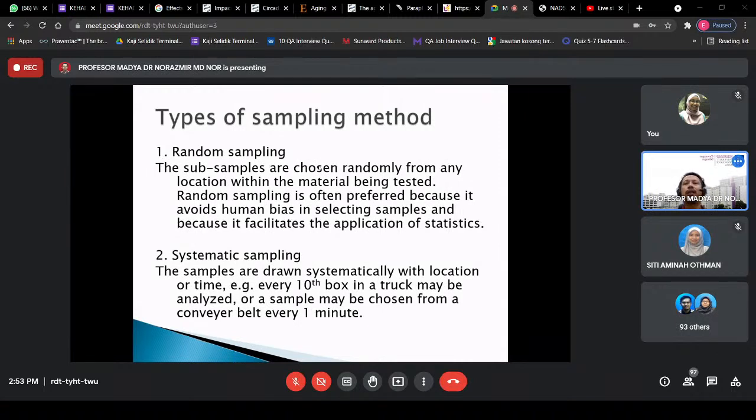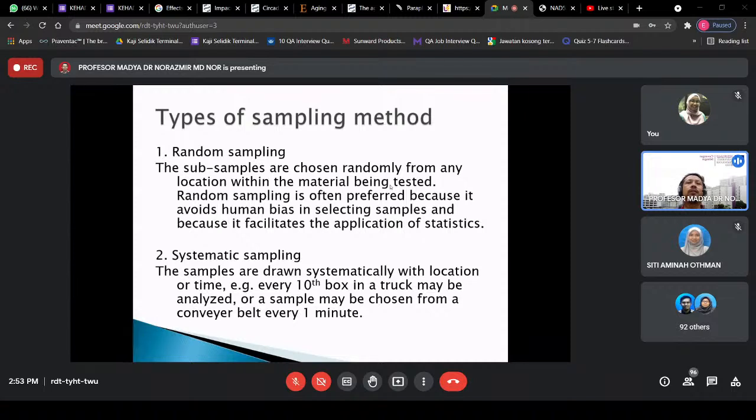We can take from any sample at any time. So the subsamples are chosen randomly from any location within the material being tested, but still must be the same food product.